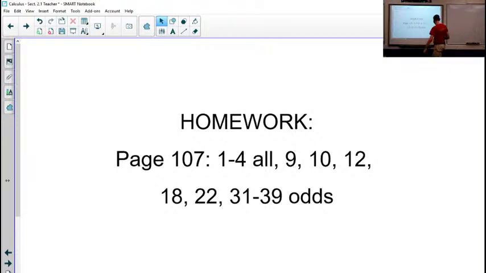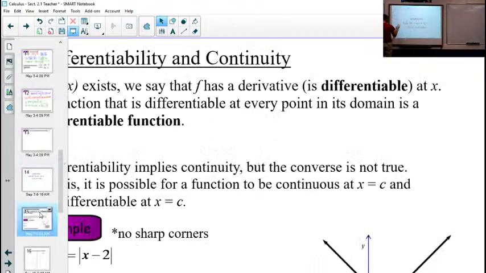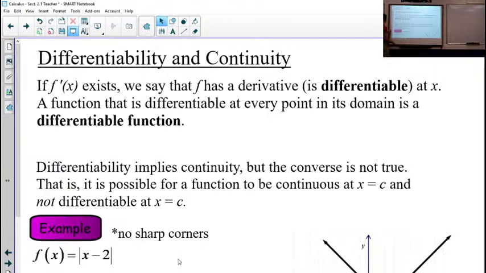Okay, let's continue on here. And let's talk about general properties of these derivatives. If f prime of x exists, we say that f has a derivative or is differentiable at that point x.